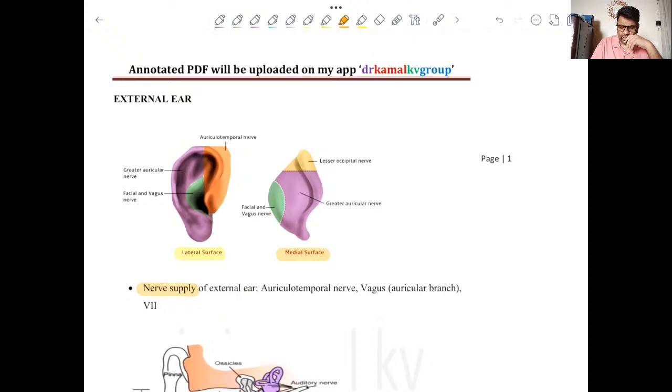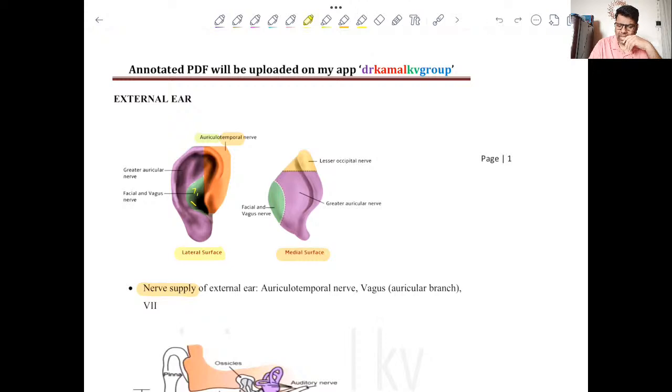So if you look at the lateral aspect, one nerve is the auriculotemporal nerve, right? The auricle is the external ear actually. So auriculotemporal. Then the green portion is supplied by two nerves, the 7th and the 10th. Clear?